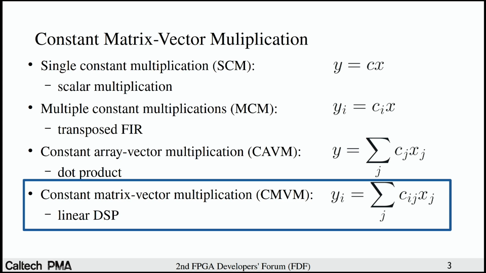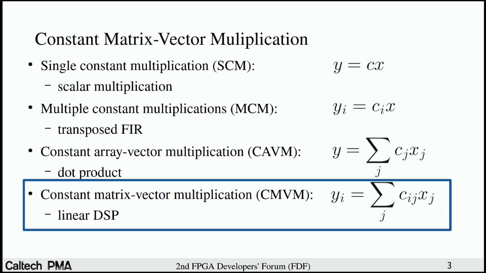Then you have the MCM, probably the most mentioned topic in the literature 10 years ago, frequently used in the transposed FIR filter. You have one variable and a series of constants, and you want to multiply this variable by all of those constants. The results can be used downstream, in particular in the FIR.